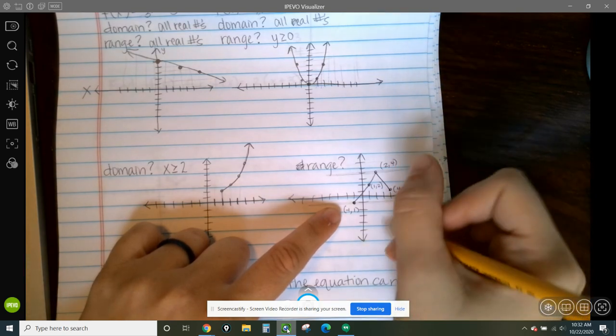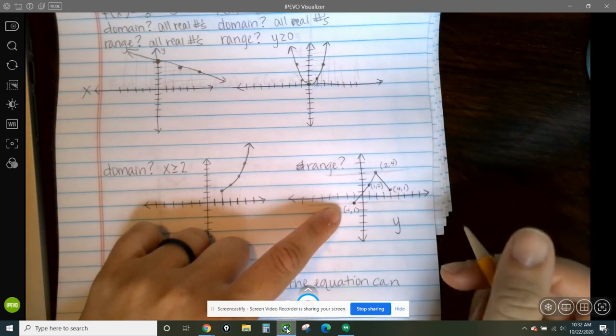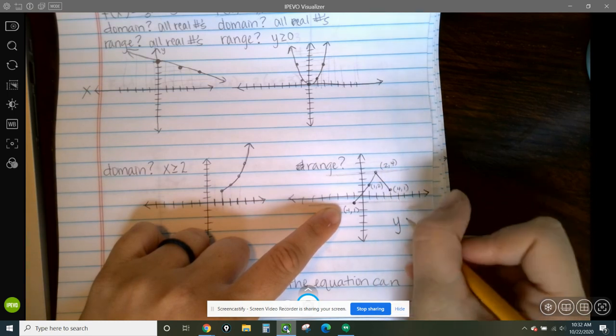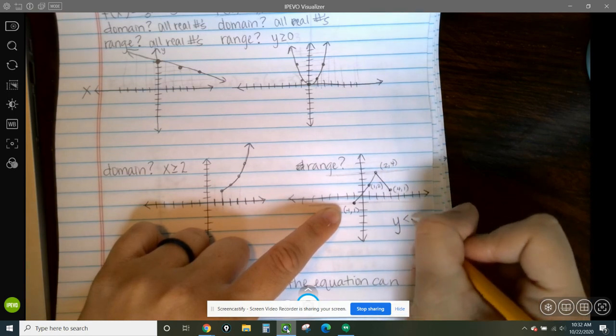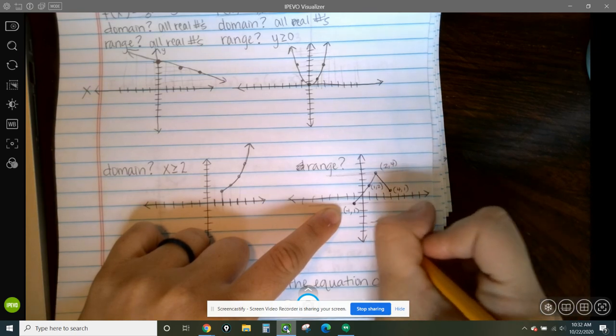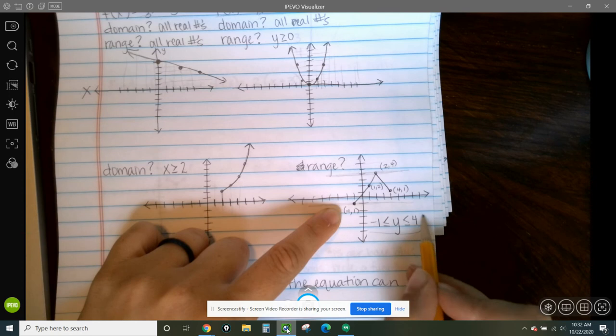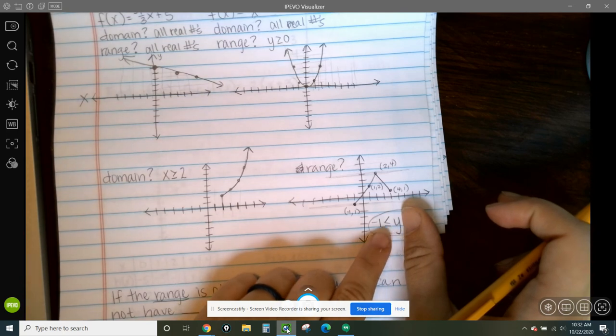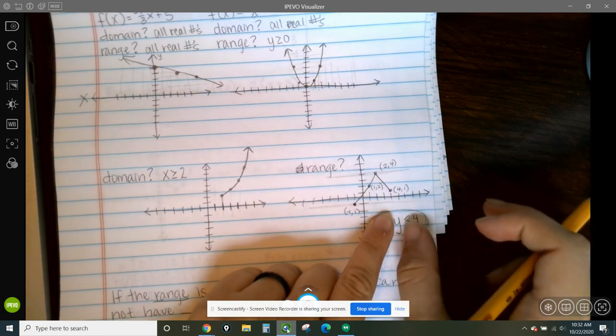So the range, my y's, is going to be greater than negative 1, but less than 4. So I'm going to have it like this. Y is less than or equal to 4, and y is greater than or equal to negative 1. So you can write it like this, like a compound inequality. If you look at it like this, this says y is greater than or equal to negative 1, and this one says y is less than or equal to 4.